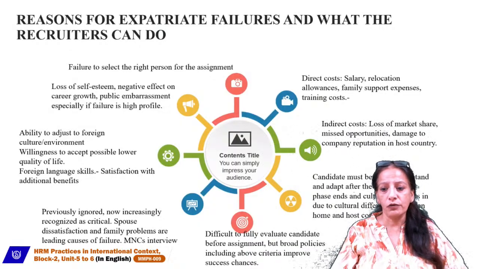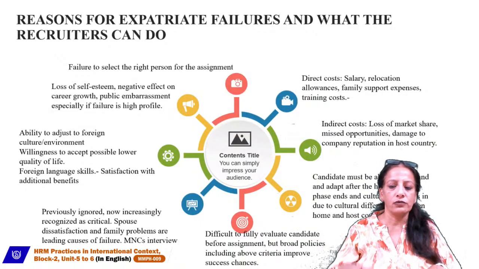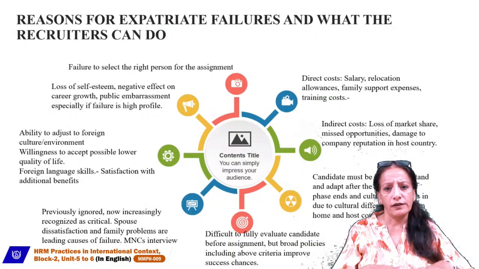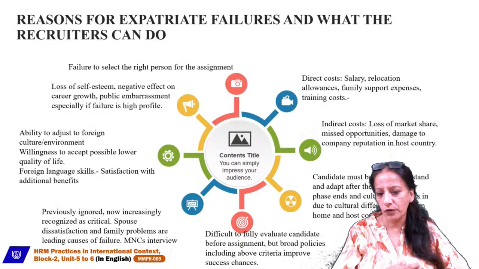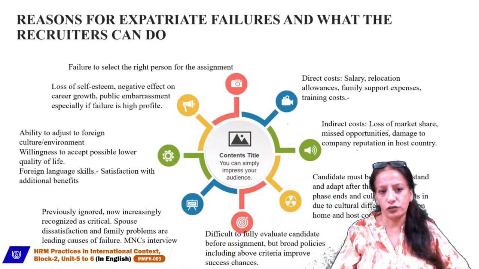The candidate must be able to withstand and adapt after the honeymoon period and cultural shock set in due to the cultural differences between the home and the host country. So here, if the candidate has been given proper cross-cultural training, or there are empathetic HR policies, it's very easy for them to come out of the cultural shock.